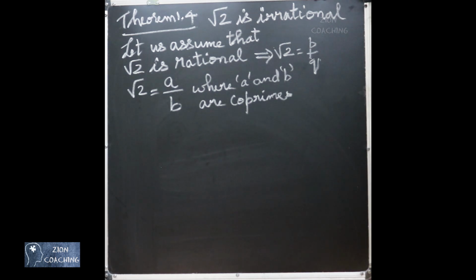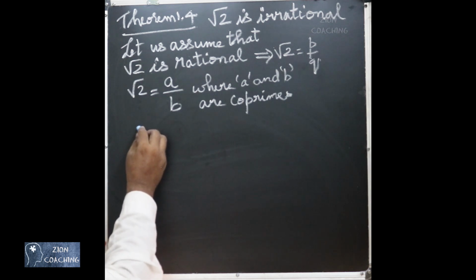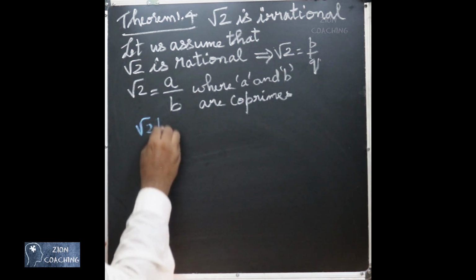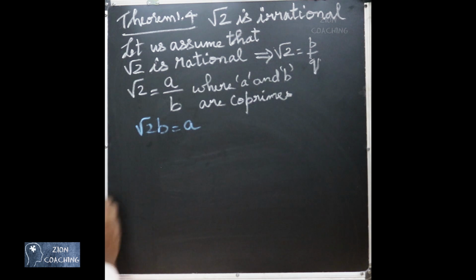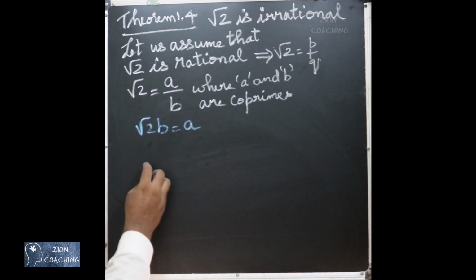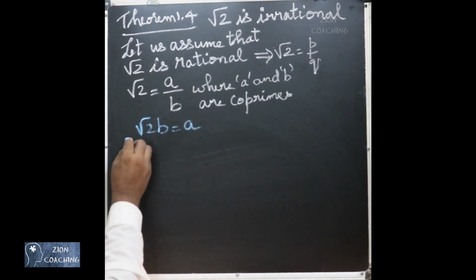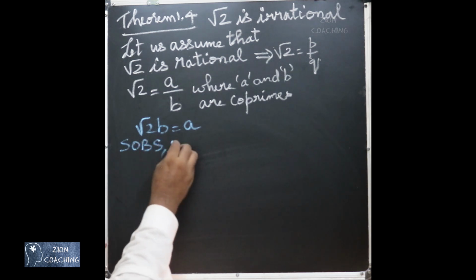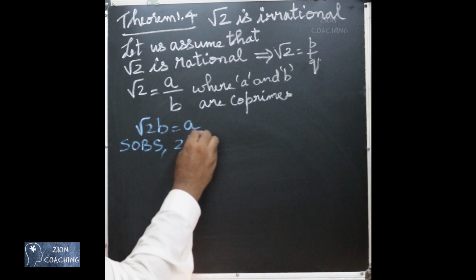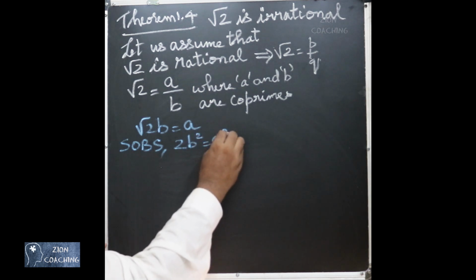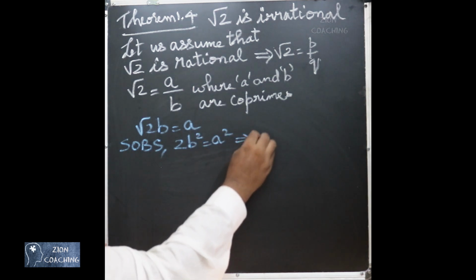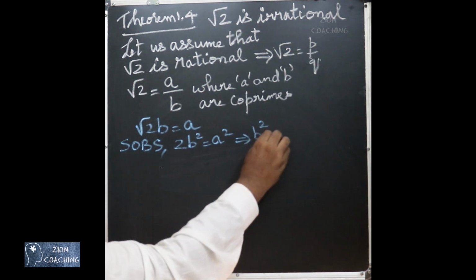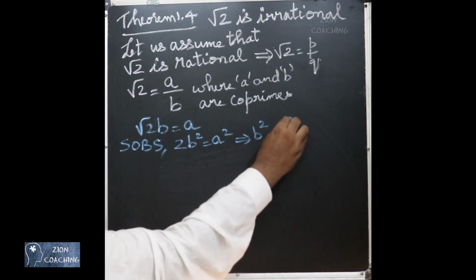Now what we are going to do is, we have root 2 into b is equal to a. I have taken this b to the other side. Squaring on both sides, we will get 2b squared is equal to a squared. That implies b squared is equal to a squared divided by 2.